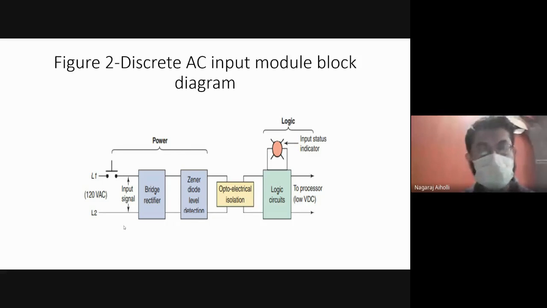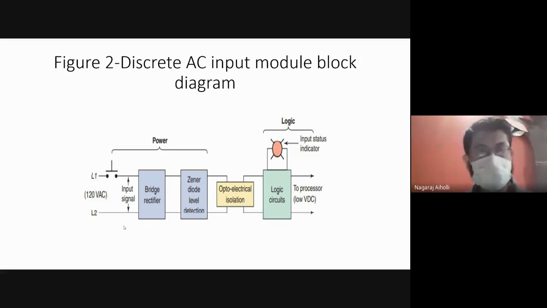But in a full wave rectifier there are two types: one is center tapped, another one is the bridge rectifier. In the center tapped rectifier there is a secondary coil with a tapping in between. Just try to recollect what you studied in your first year. That is the center tapped full wave rectifier.